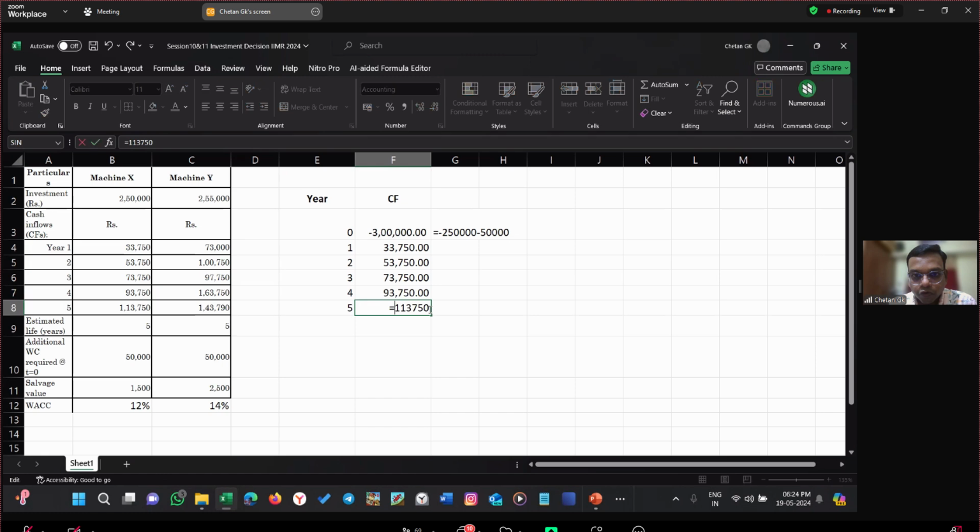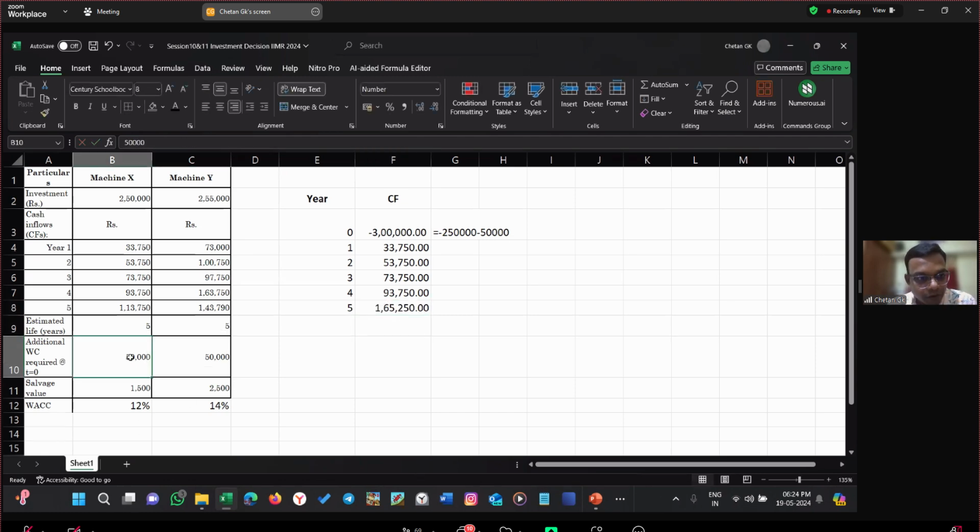What should be added? Salvage value is 1,500. Very good. And next is working capital release. Okay, 50,000. So I'm adding salvage value and the working capital in the 5th year only, because this is my last year.